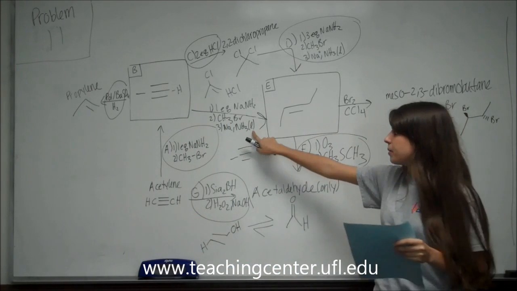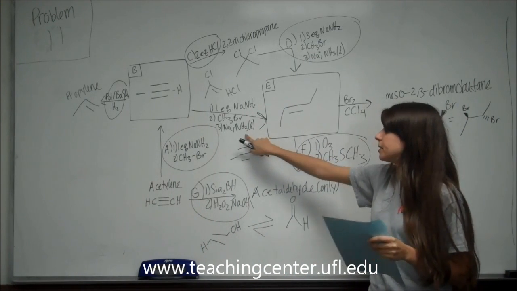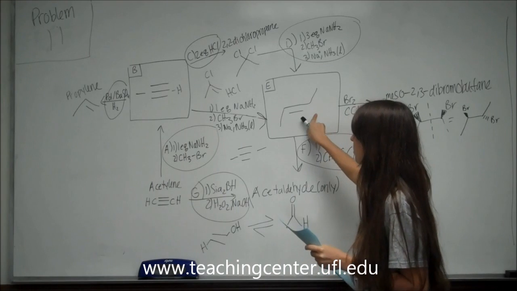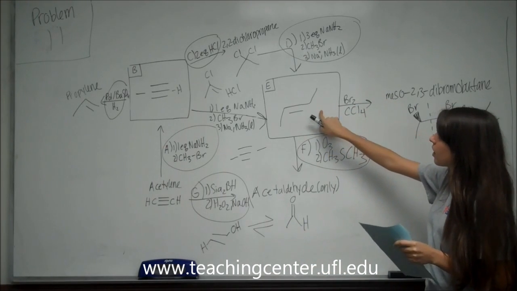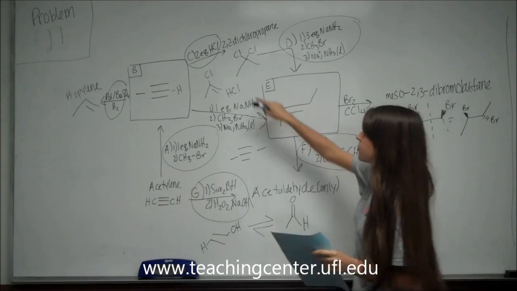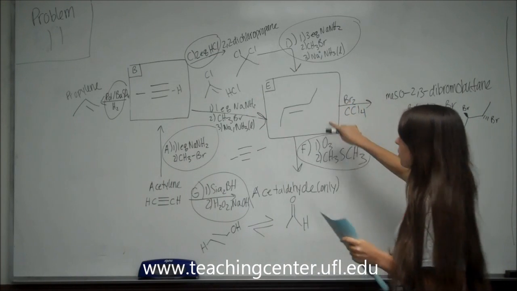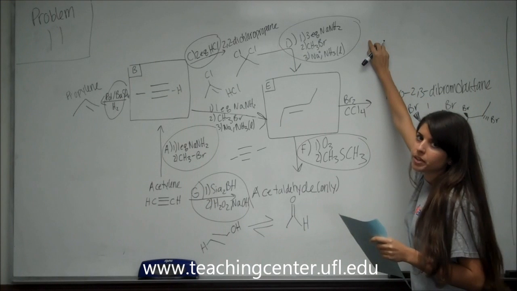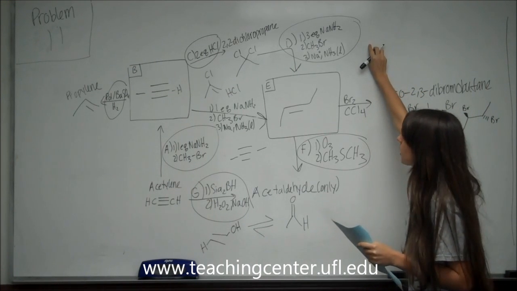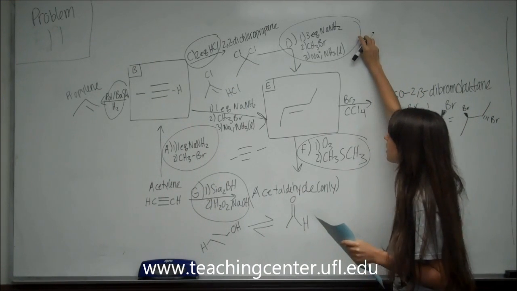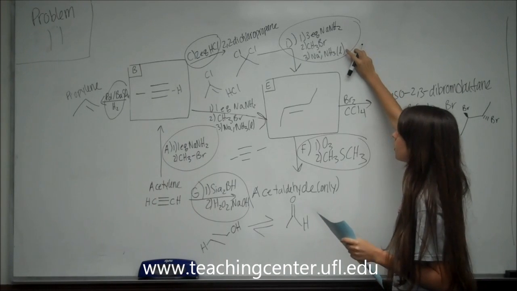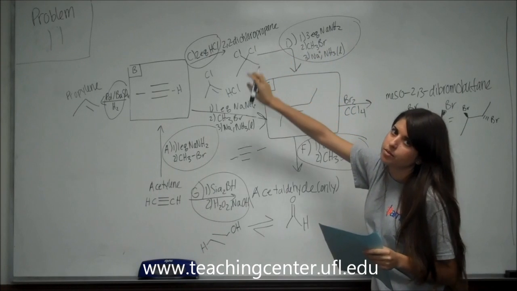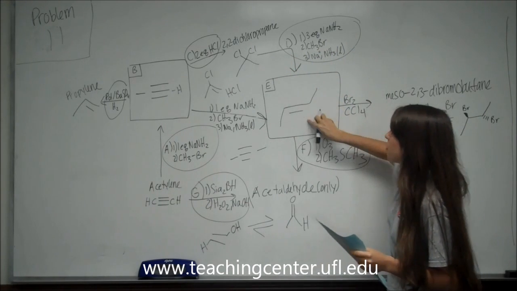Then when you use sodium metal and ammonia, that takes you to trans double bonds, so that's how you get from there to there. And to get from this vicinal dihalide to the same product, that's where we get part D. You want to show the elimination of that to get a triple bond. Then you'd want to add your extra carbon, because there's only 3 carbons here and you need 4.